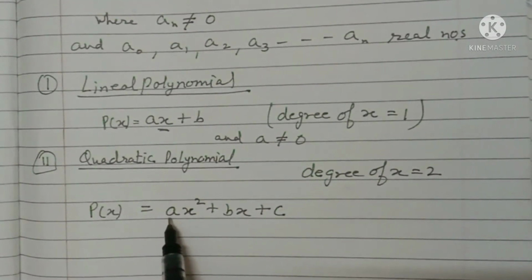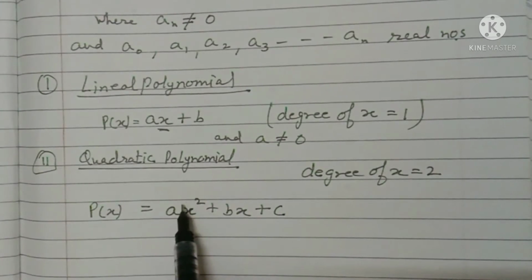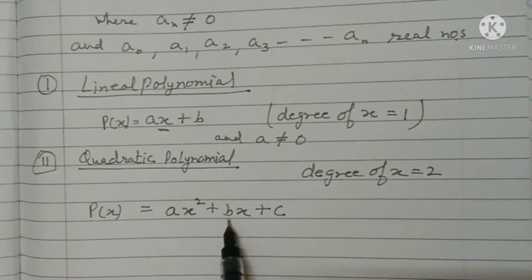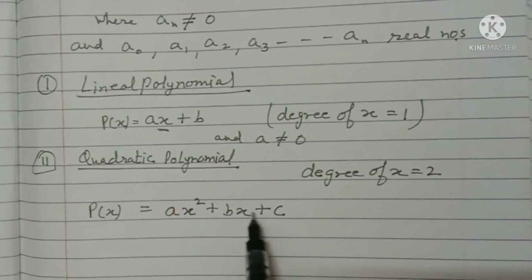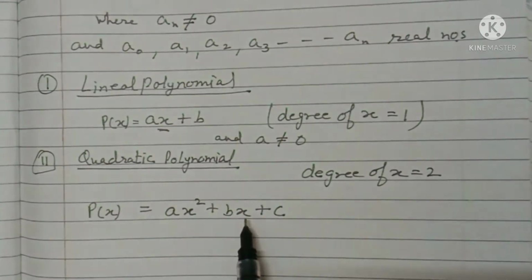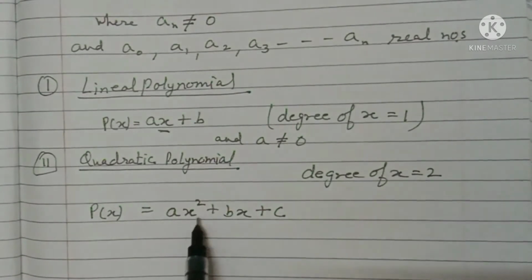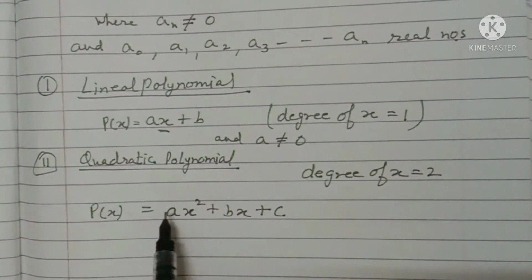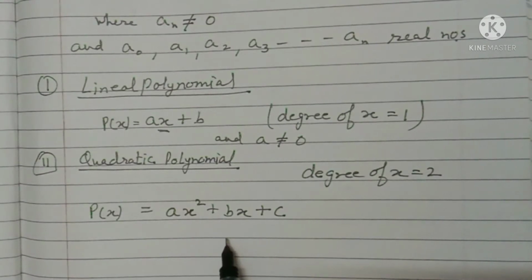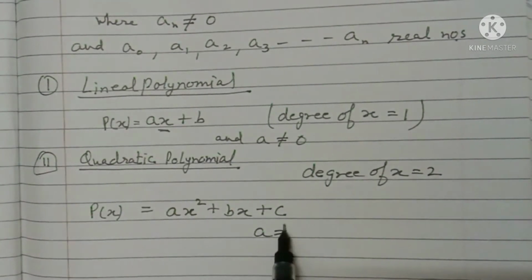Here also a should not be equal to 0. If a becomes 0, then this term will be 0, and the polynomial will remain in degree 1. So you cannot say it is a quadratic polynomial if this term becomes 0. So here a should not be equal to 0.